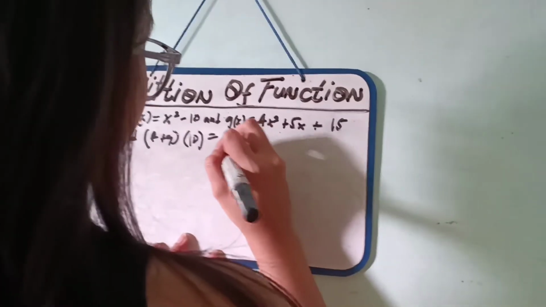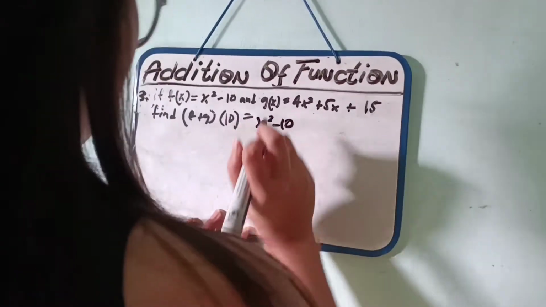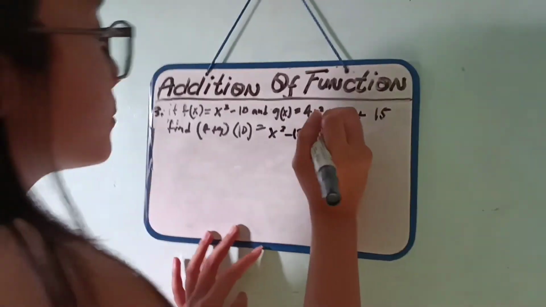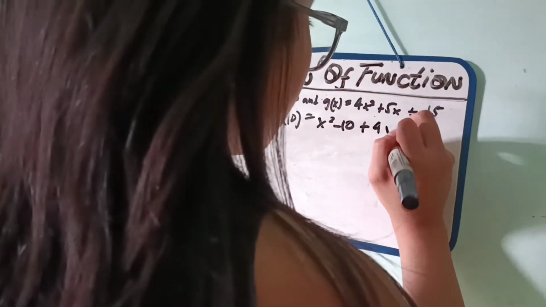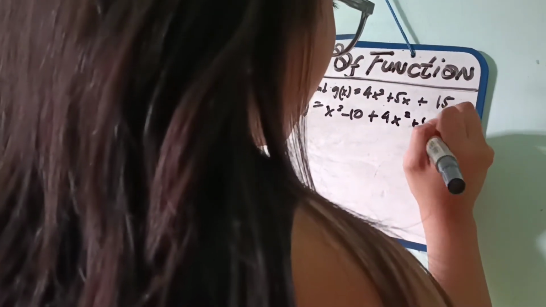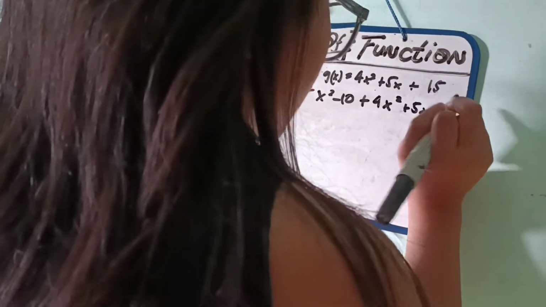So f of x is x squared minus 10 plus g of x is 4x squared plus 5x plus 15.